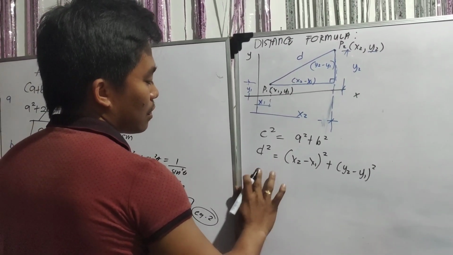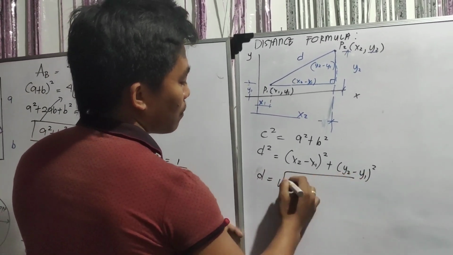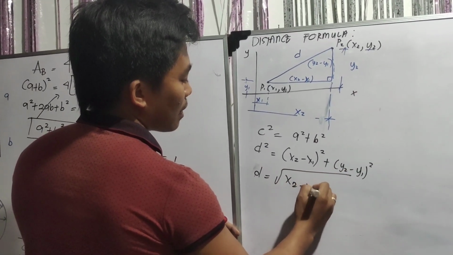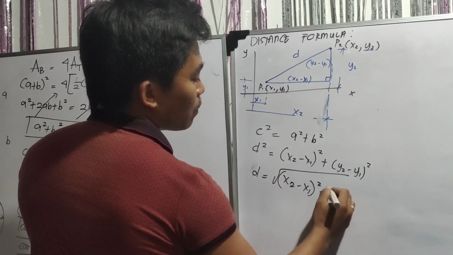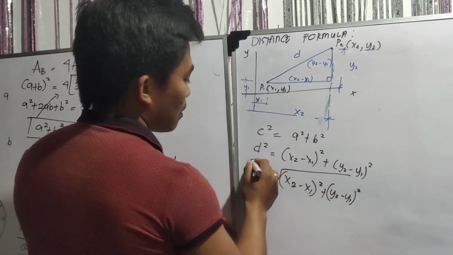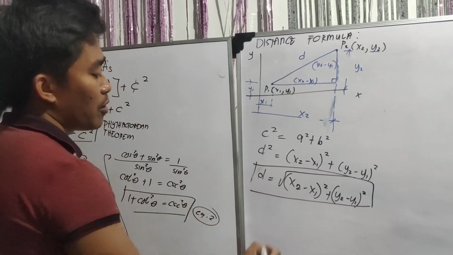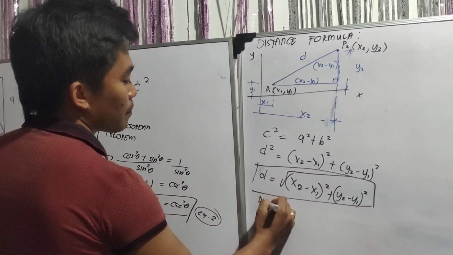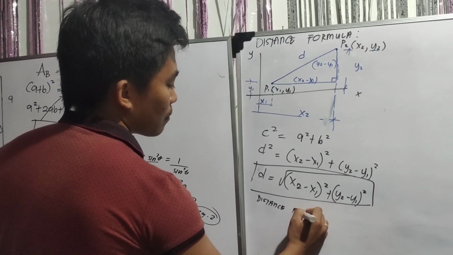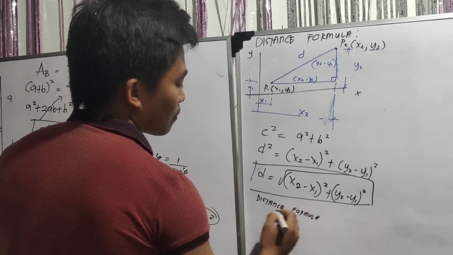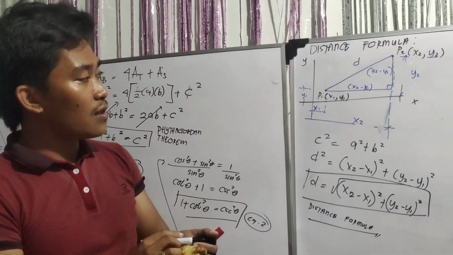So, d, therefore, is just the square root of x2 minus x1 squared plus y2 minus y1 squared. This gives us the distance formula.